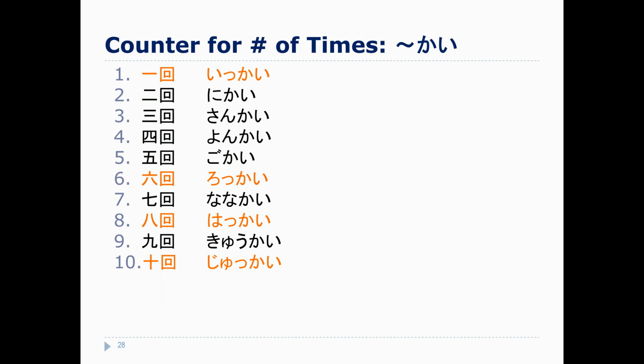Let's read over them together. 1回、2回、3回、4回、5回、6回、7回、8回、9回、10回。Once more. 1回、2回、3回、4回、5回、6回、7回、8回、9回、10回。By the way, there's a handy chart of all the ways counters change numbers on page 382 to 383 of your Genki textbook.